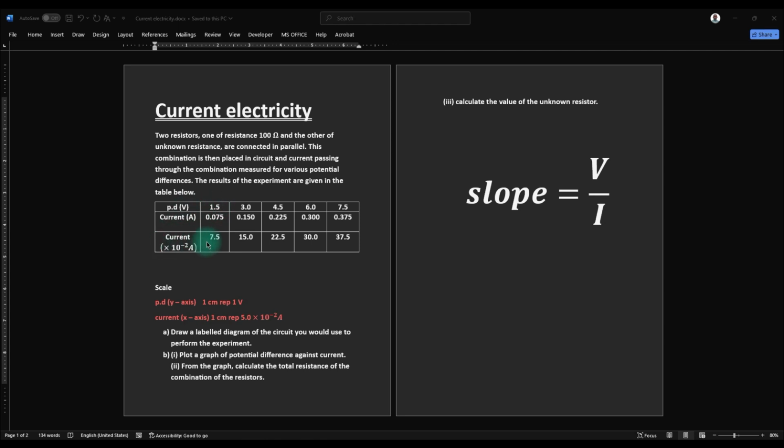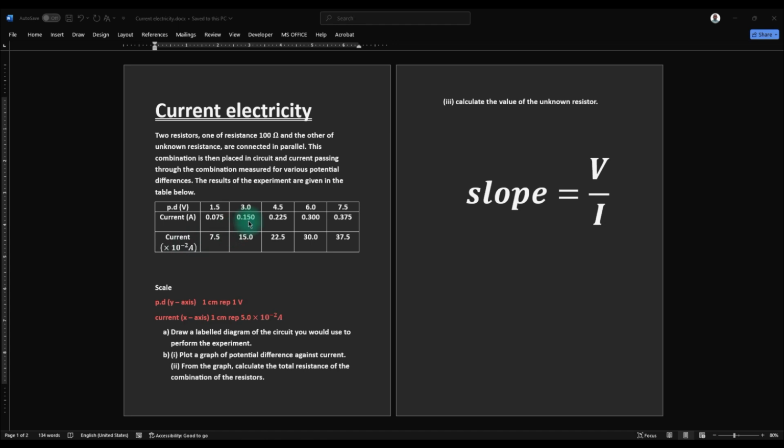The third row, I have modified so that we are able to use an easier scale in plotting the graph. For current, here is 0.075. I have moved the decimal point 2 steps towards the right, so that I can rewrite it as 7.5 times 10 power negative 2.